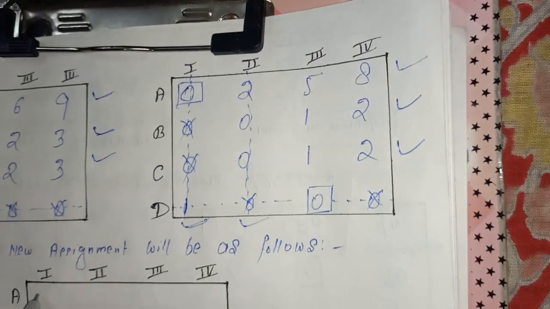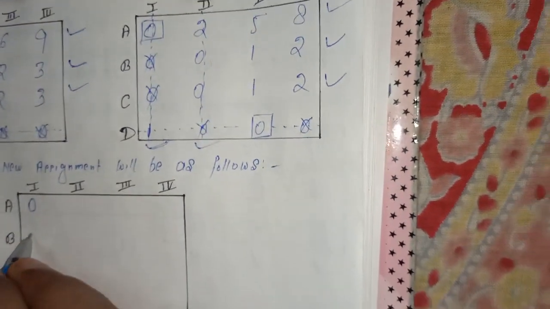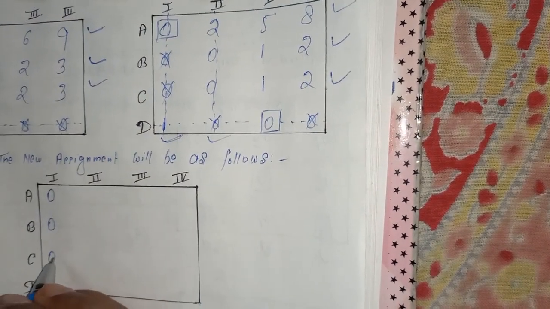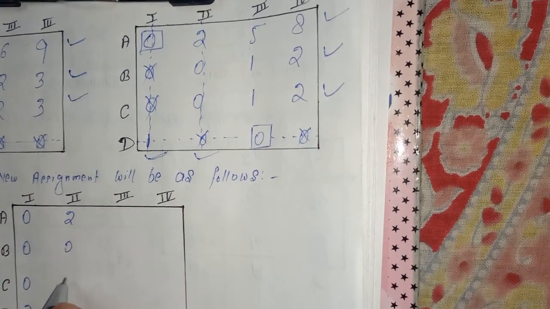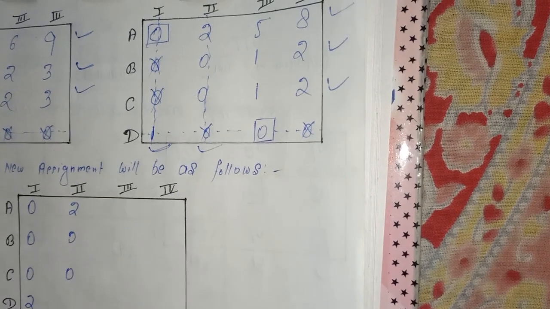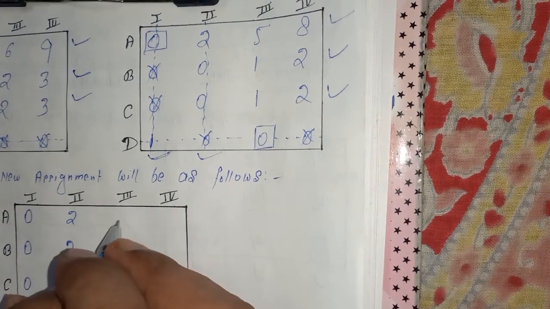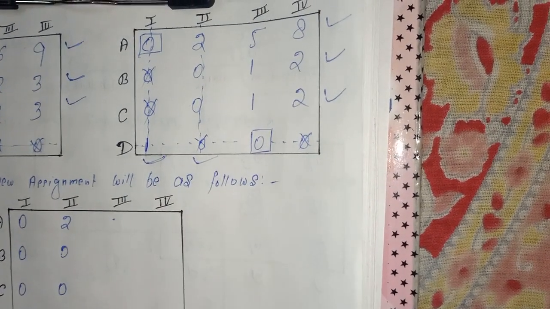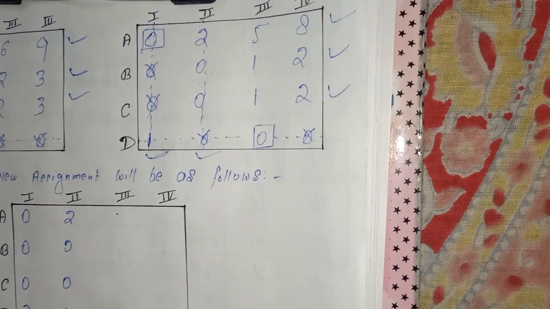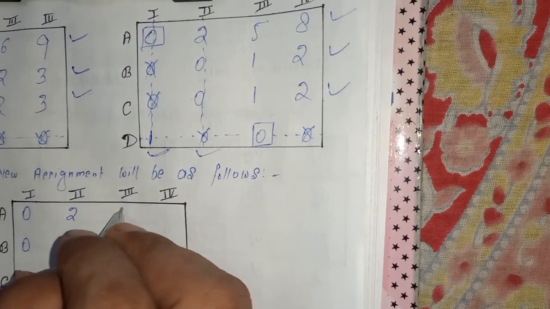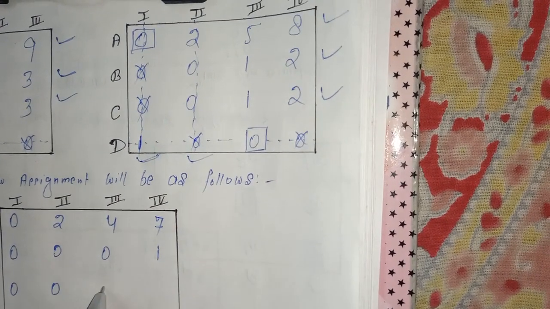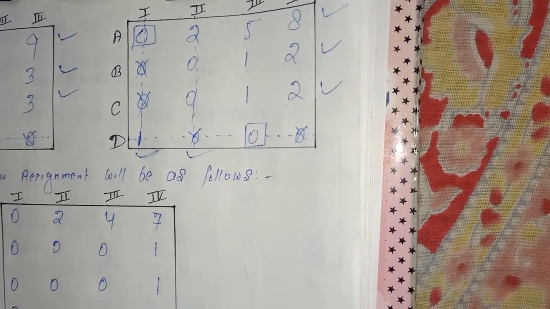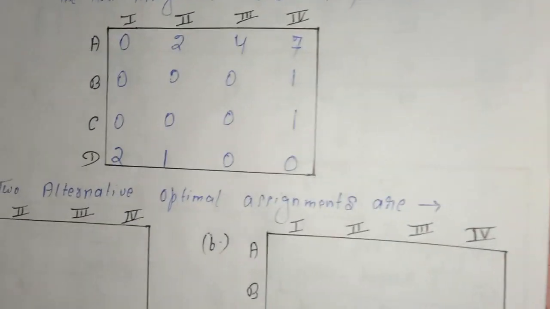Rest no effect. So we have 0 0 0 1 plus 1 2 2, 0 0 0 plus 1 1, 5 minus 1, here 0 and here 0. 5 minus 1 4, 8 minus 1 7, 1 minus 1 0, 2 minus 1 1, 1 minus 1 0, 2 minus 1 1.